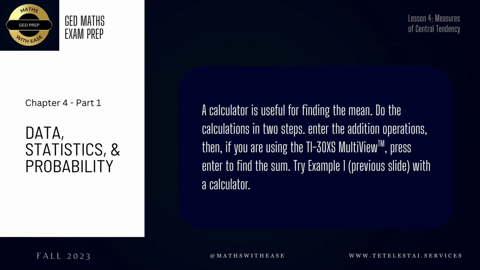So all you would do is enter the addition operation, so add your scores, and then press enter to find the sum, and then key in the division operation to find the mean or the average. So once you've added all your numbers and you get 68, you press your division operation and then 5, and that will give you 13.6, which is our mean in this case, okay?